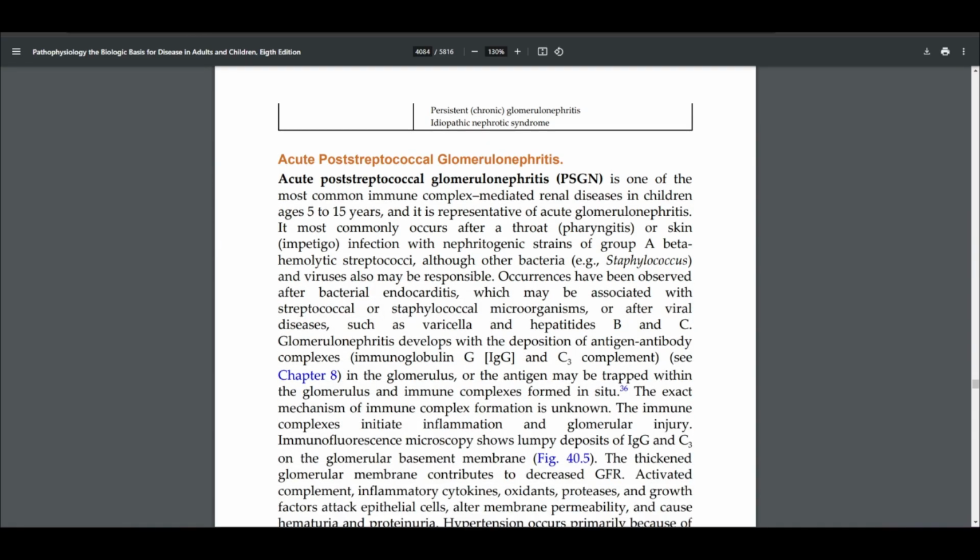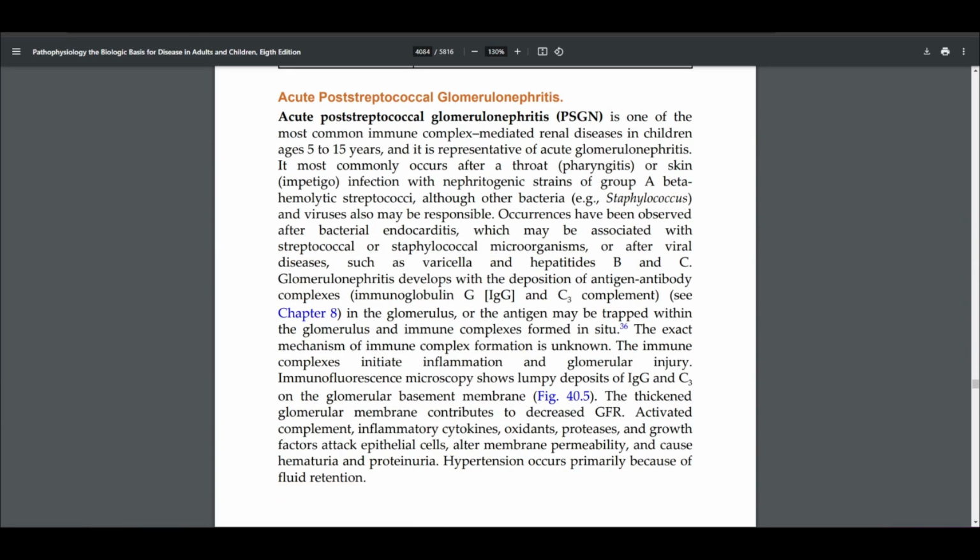Acute post-streptococcal glomerulonephritis, or PSGN, is one of the most common immune complex-mediated renal diseases in children between 5 and 15, and it is representative of acute glomerulonephritis.